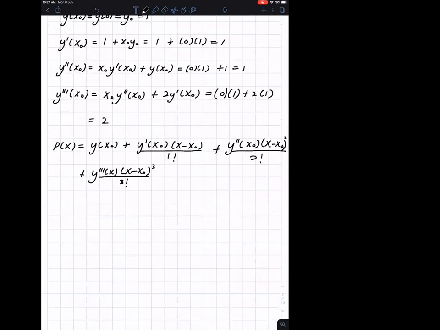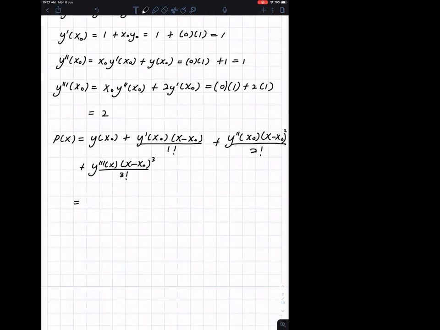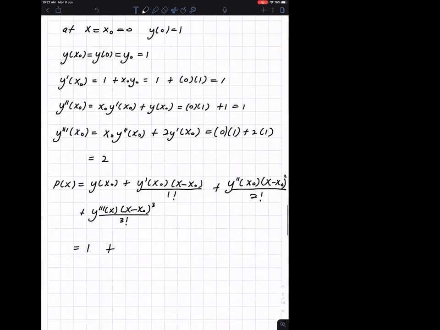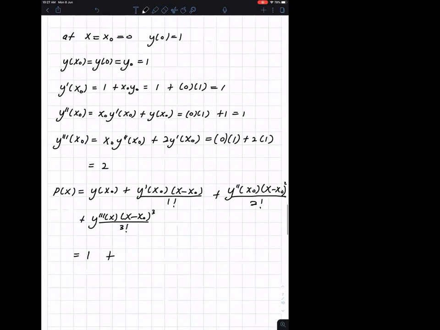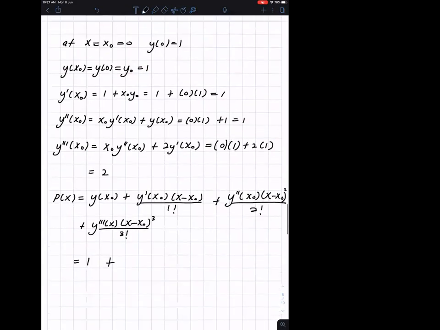So you go ahead and substitute them. y(x naught) is 1, plus y prime (x naught) is 1. Sorry, here, right here. See, this is y. Everything is here. We're going to just substitute whatever value we got here into that formula.